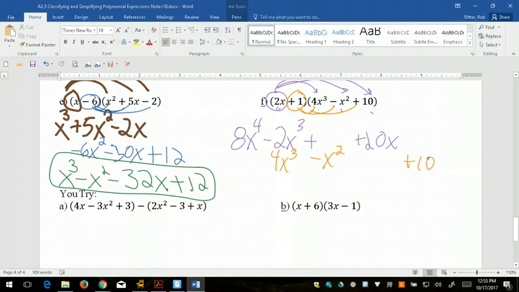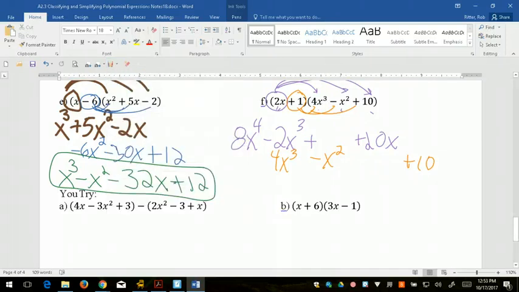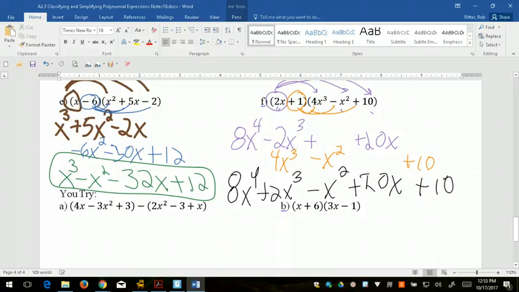If you want, you could have these all listed out from left to right and then just combine the ones that are like terms. I do it this way so I can combine vertically. This gives me the resultant expression of 8x to the 4th plus 2x cubed minus x squared plus 20x plus 10.